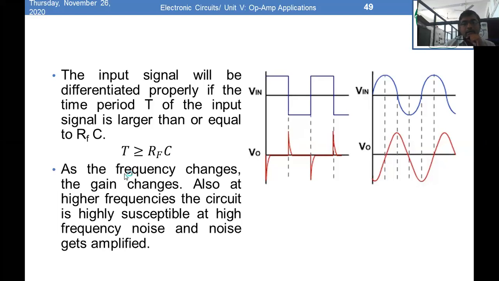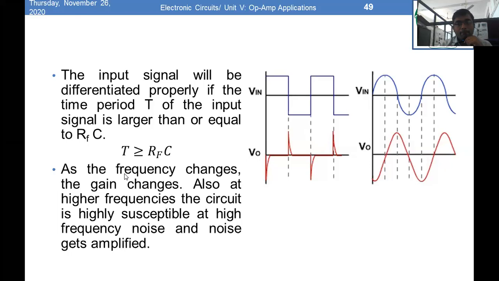Meaning as the frequency increases, your gain would also increase, and the circuit is susceptible to high frequency noise as well. So at high frequency, what happens? Your circuit becomes more susceptible to noise, and along with your input signal, noise would also get amplified. This is one of the drawbacks of the ideal differentiator.